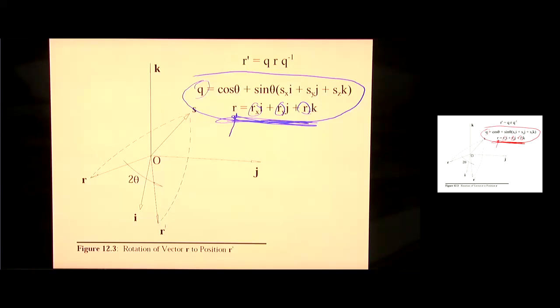It just has a vector part. I'm going to form another quaternion, and the scalar part is going to be cosine of half the angle of rotation. And the vector part is going to be sine of half the angle of rotation times, again, Sx, Sy, Sz. Those were the components of the axis vector, where Sx squared plus Sy squared plus Sz squared is 1.